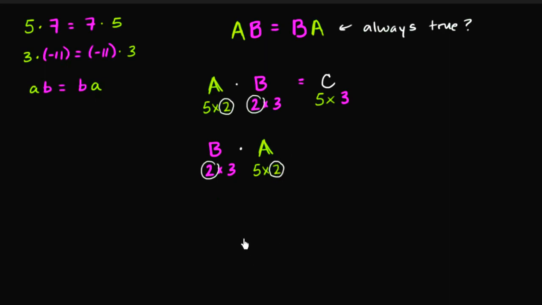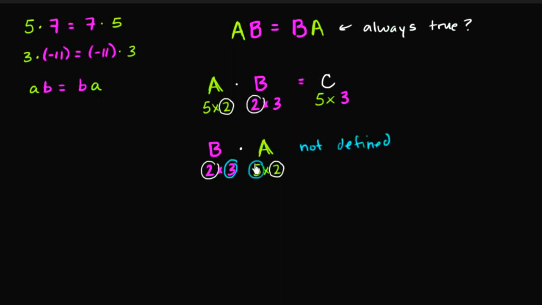Well, the first question is, is matrix multiplication even defined for these two matrices? And when you look at the number of columns that B has and the number of rows that A has, you see that it actually is not defined, that we have a different number of columns for B and a different number of rows for A. So here, the product is not defined.